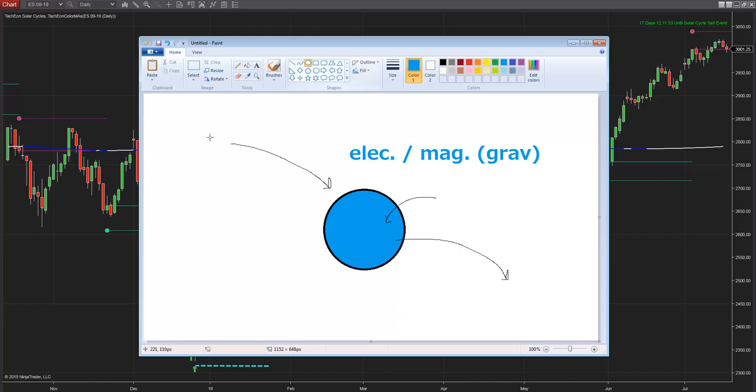One of the biggest influencers happens to be our sun. And the sun is quite fascinating in its cycles. If you look really close on the surface of the sun, there are a series of spots.